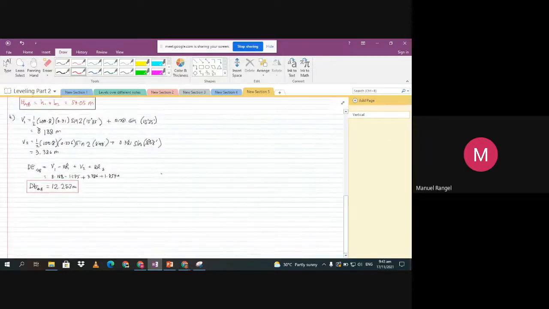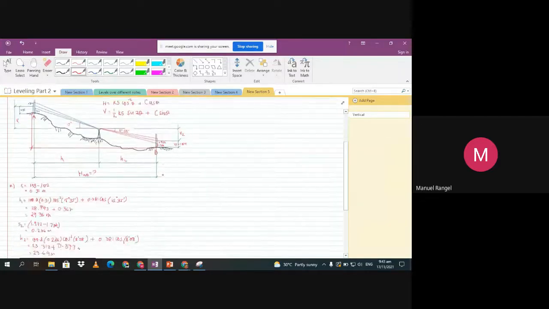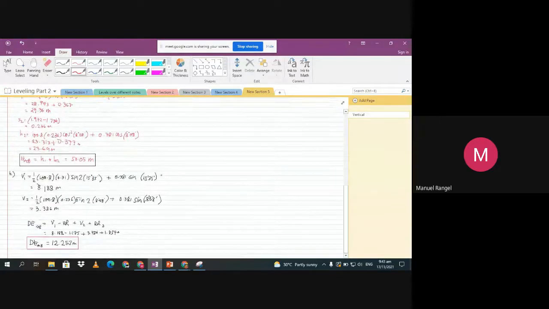Okay, so that's it. Difference in elevation between points A and B. Okay. So any question so far? So walay question. So assignment. Hindi sa ako maghatag og assignment.